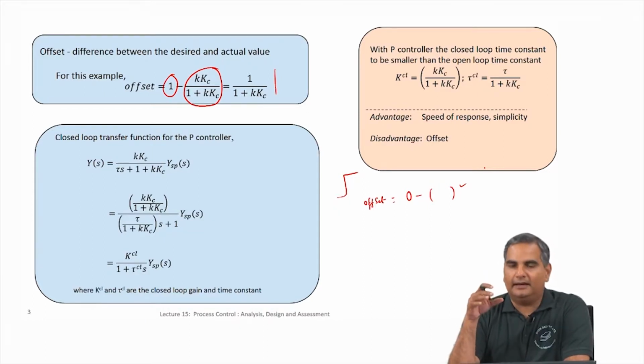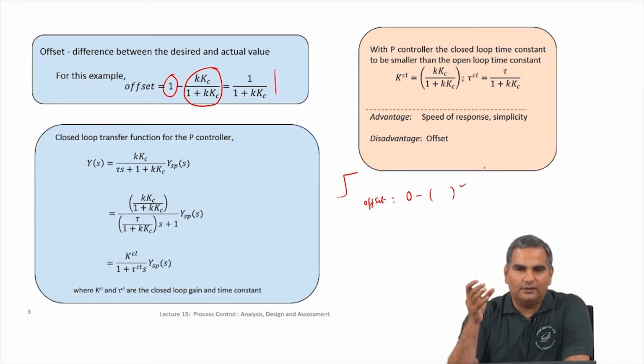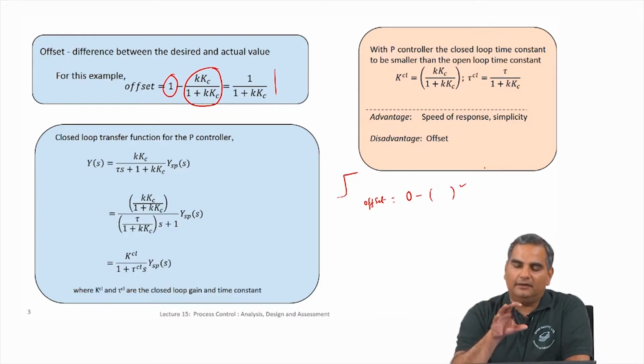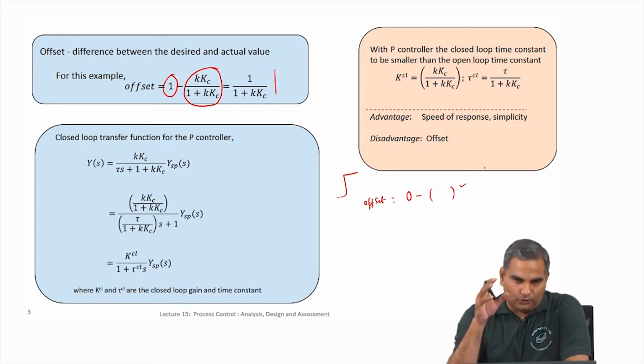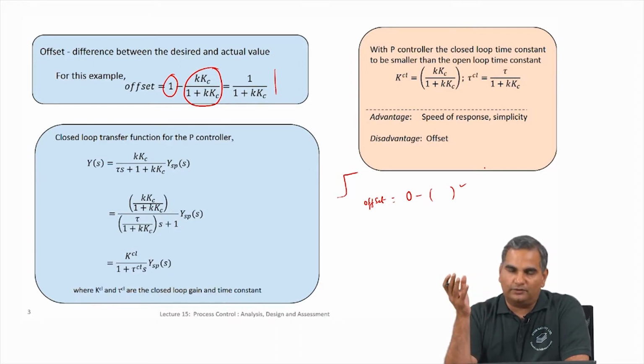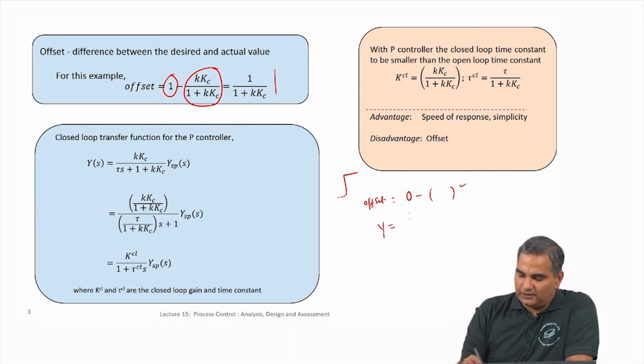Let us say I have a certain time constant for my open loop process. This basically says that if I want to change my y value, I change my input u in an open loop and then wait for y to get to its final value, which depends on the time constant of the process. Remember we have this equation, which is k over tau p s plus 1 times u of s.